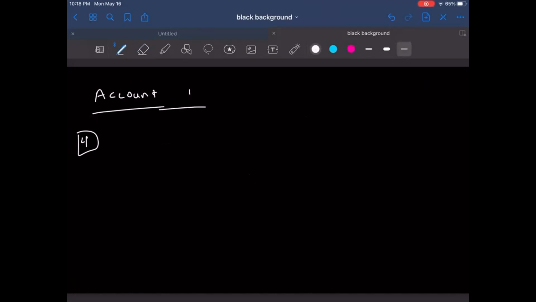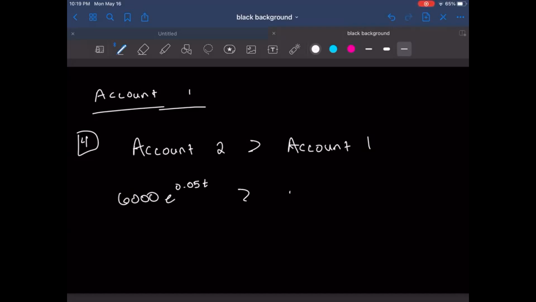What year does the second account pass the first? When is the amount in account 2 greater than the amount in account 1? Well, 6,000 e to the 0.05t greater than whatever account 1 was.